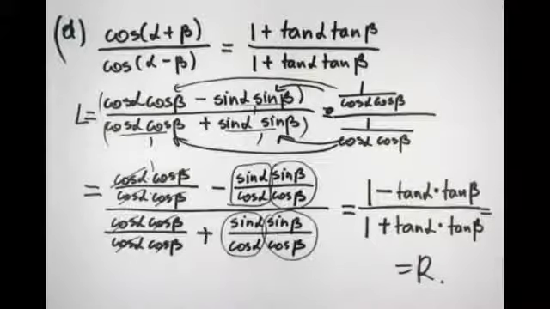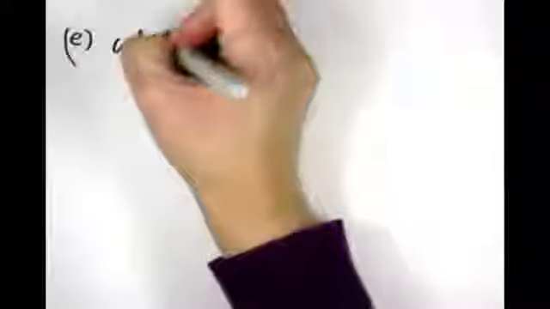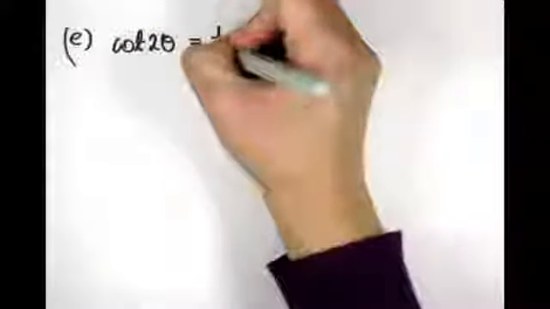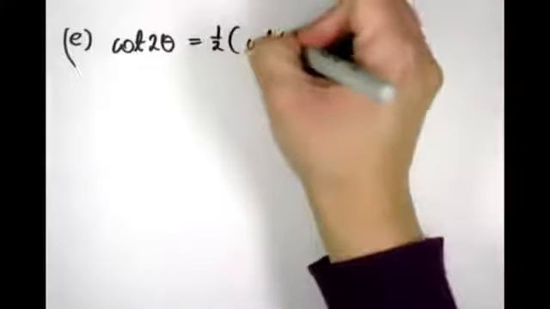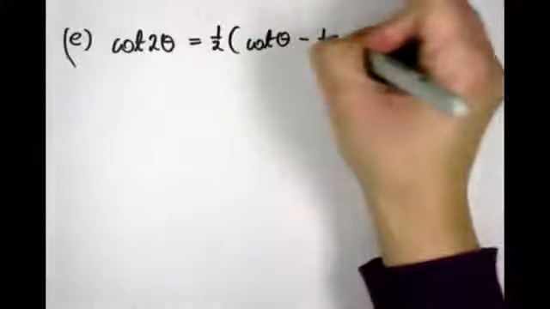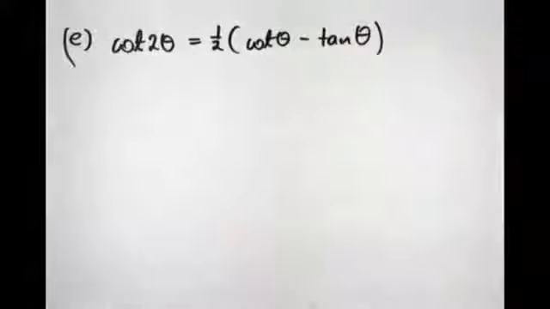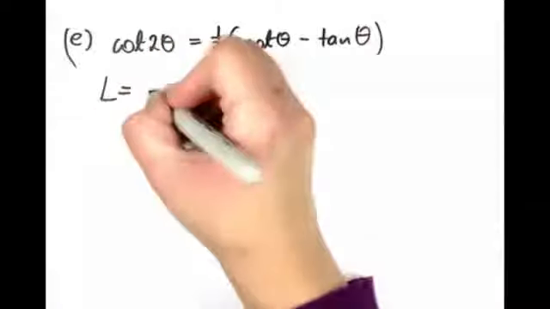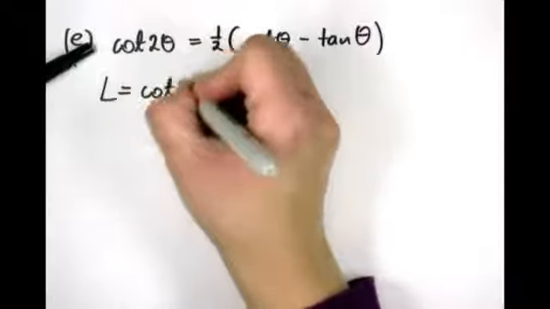Also, with identities, we need to be able to use double angle. So we have example E. We would like to show that cotangent of 2 theta is equal to 1/2 times cotangent theta minus tangent theta. I will start from the left side. Left side we have cotangent 2 theta.